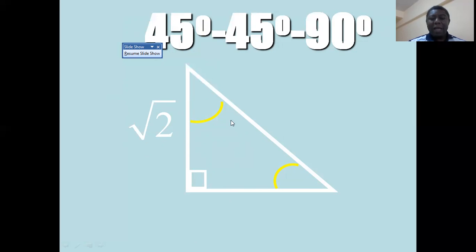I remember the hypotenuse is square root of 2 times one of the legs, which is 2. And square root of 2 times square root of 2 is 2, right? So the hypotenuse here is 2.